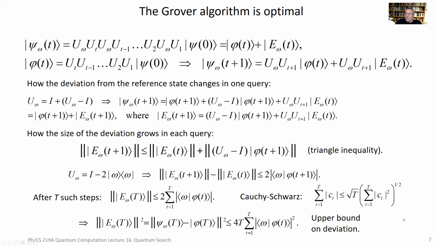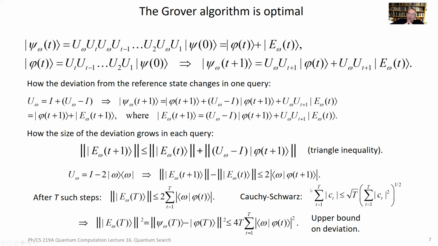You can think of the two vectors in that version of the Cauchy-Schwarz inequality as being the vector with capital T components, where the components are the absolute values of c sub t, and the other vector is the vector with capital T components where every component is 1. So the expression on the left here is just the inner product of those two vectors.